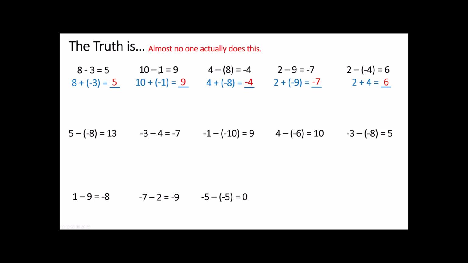Instead of subtracting a 1, I'm adding the opposite of 1, or negative 1. Instead of subtracting an 8, I'm adding a negative 8. Instead of subtracting a 9, I'm adding a negative 9. And instead of subtracting negative 4, I'm adding a positive 4. And when I add the opposite of this second number, I'm always getting the same result.